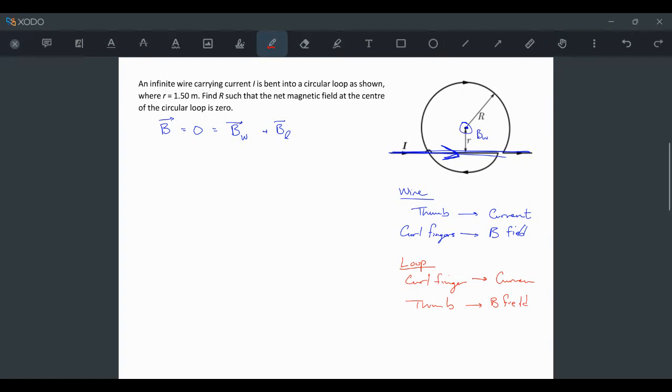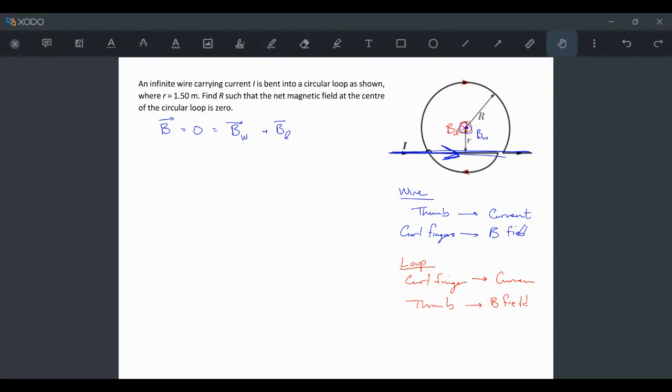With the fingers on your right hand, notice that the current is circulating clockwise here. To get your fingers doing a clockwise orientation, you have to invert your wrist. If you stick your thumb straight out at that point, it'll be pointing downwards into the page. So at the center of the circle, the magnetic field is pointing downward.